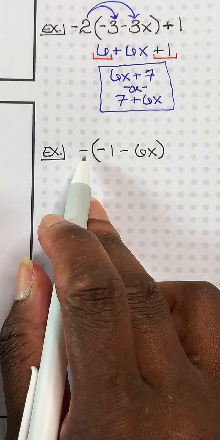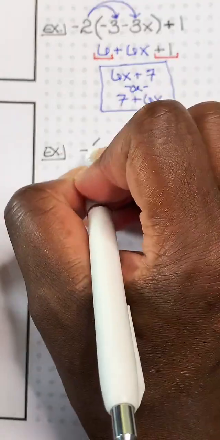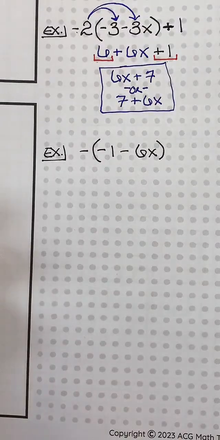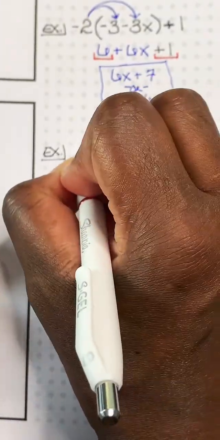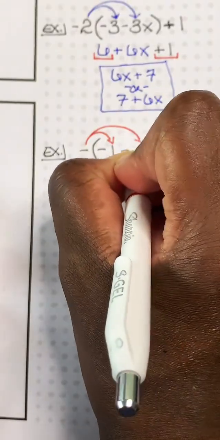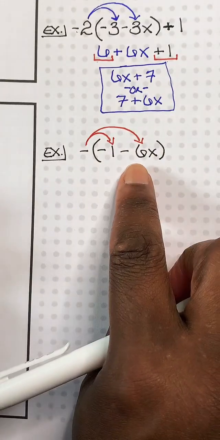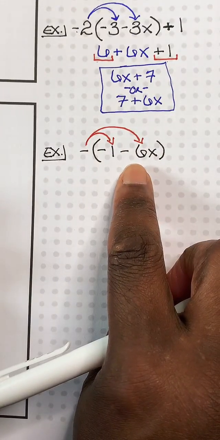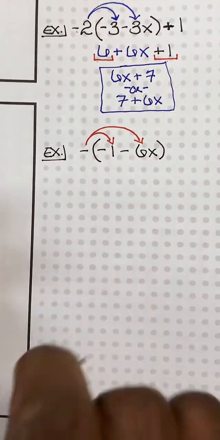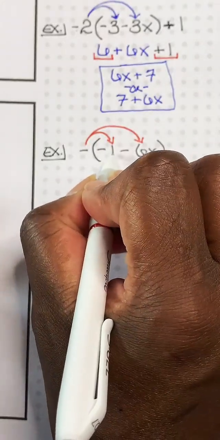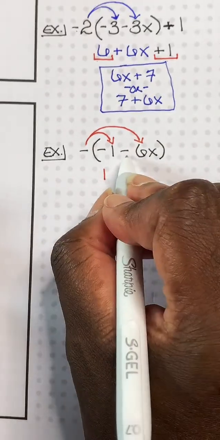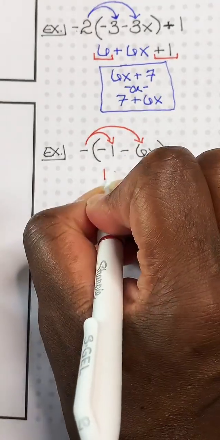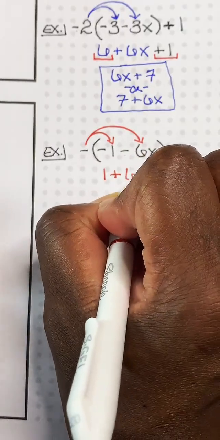So, as we're here, we're doing our negative. When you're distributing the negative, all you're doing is just changing the signs of everything inside your parentheses. So instead of a -1, now it's a +1. Instead of a -6x, it's a +6x.